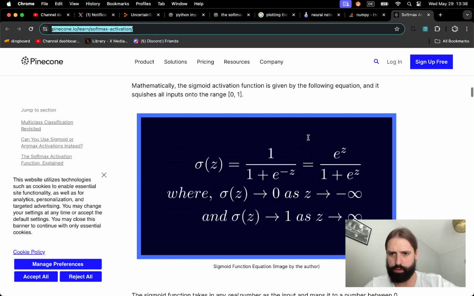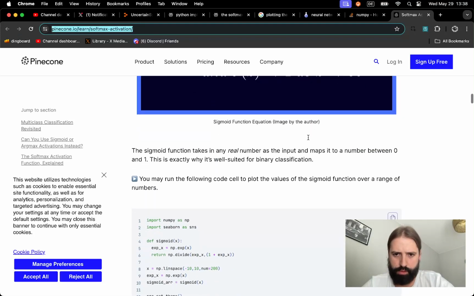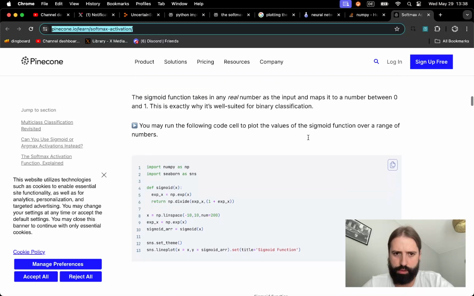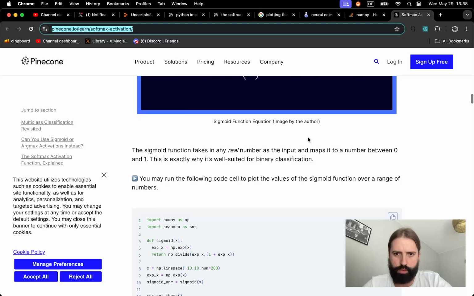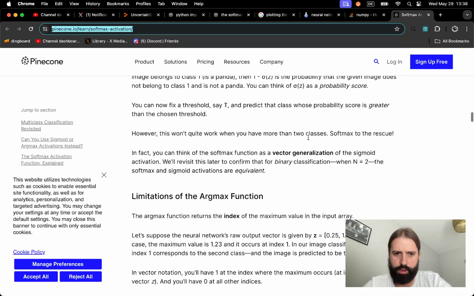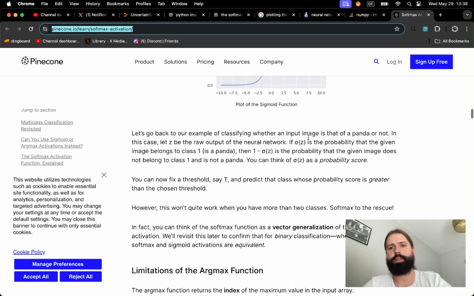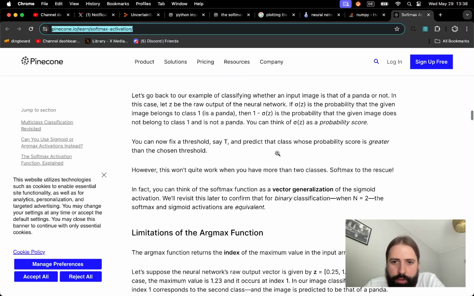What bothers me is that when you search for images of softmax, you mostly get the sigmoid function.